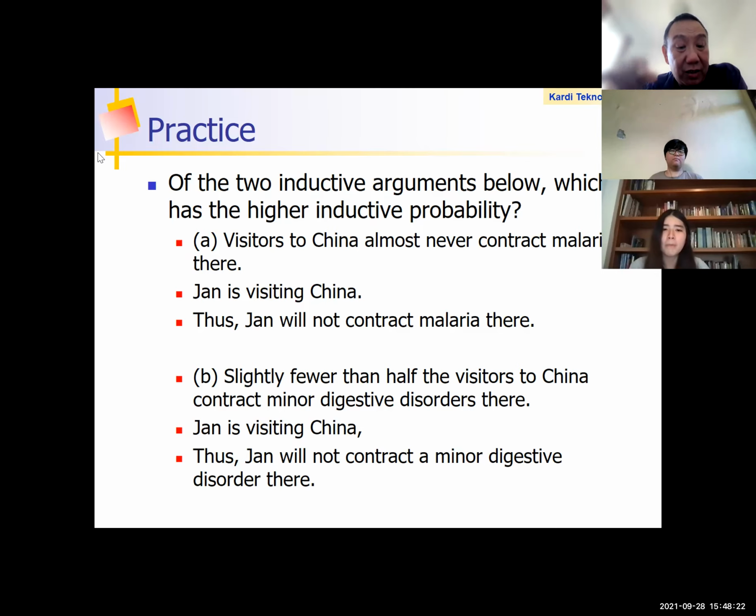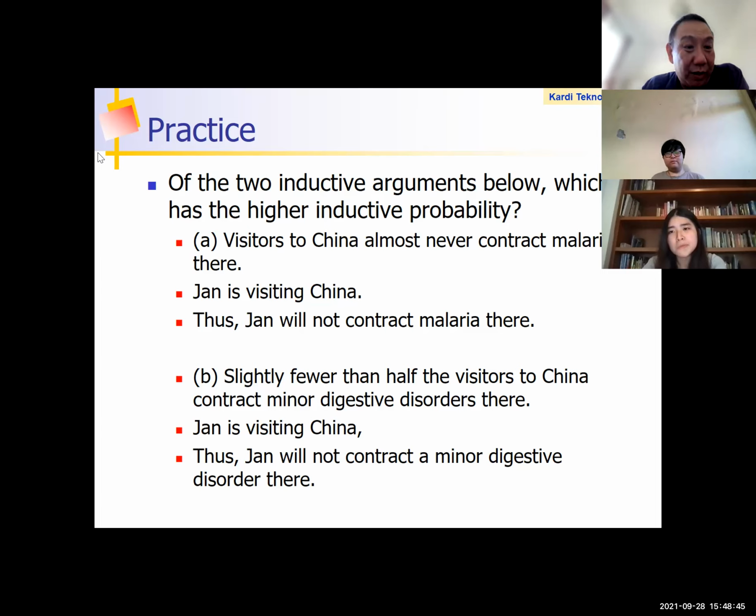Second premise, Chan is visiting China. Thus, Chan will not contract a minor digestive disorder there. So A is higher. Why? Because of almost never.